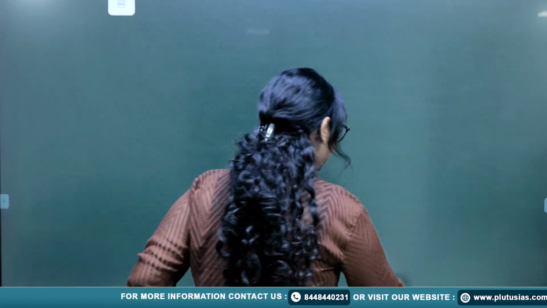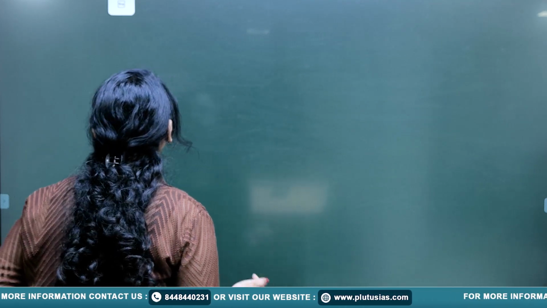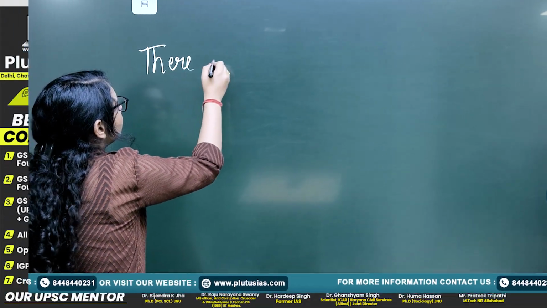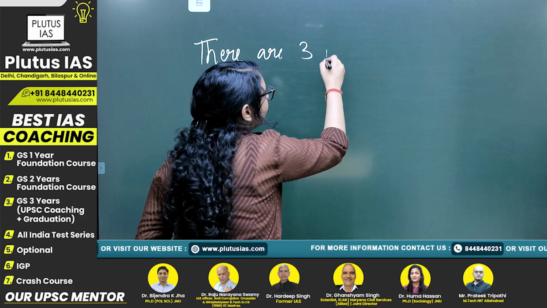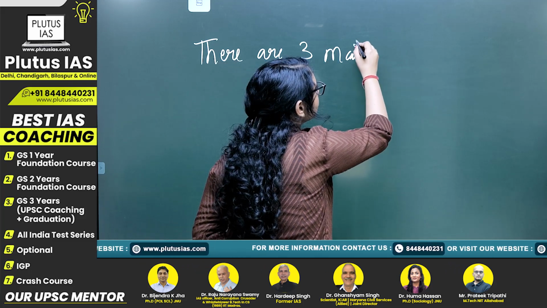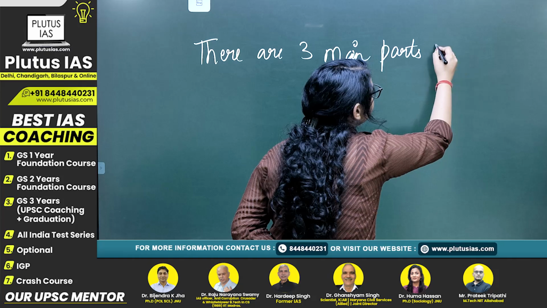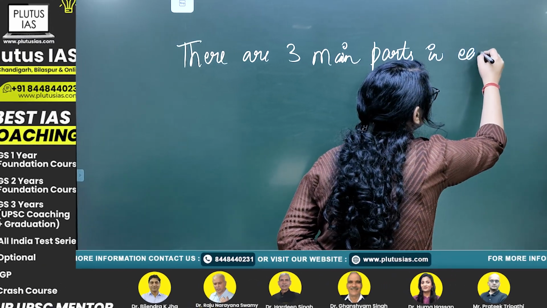Today we are going to discuss the interior of Earth. As you all know, we will be discussing the very basics of the interior of Earth. There are three main parts in Earth's interior.